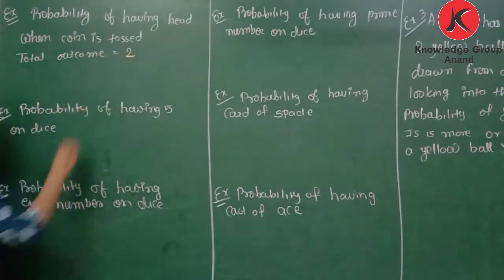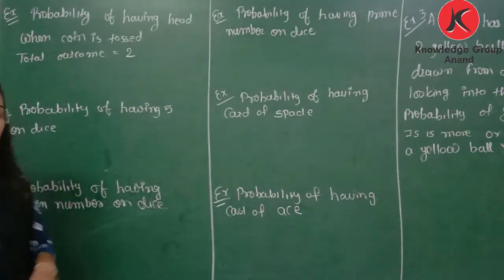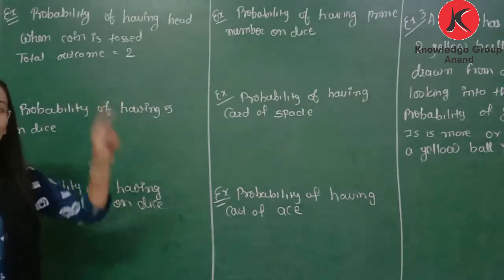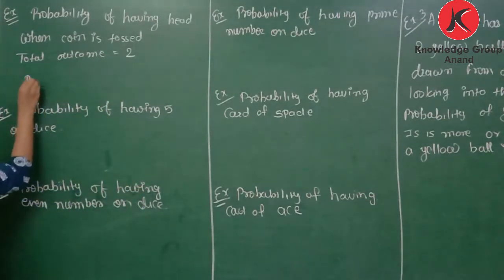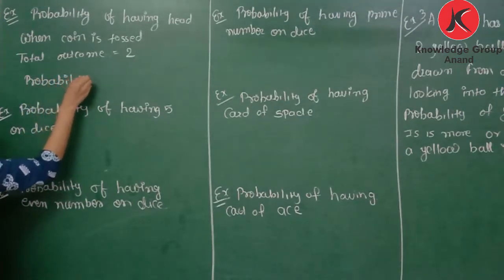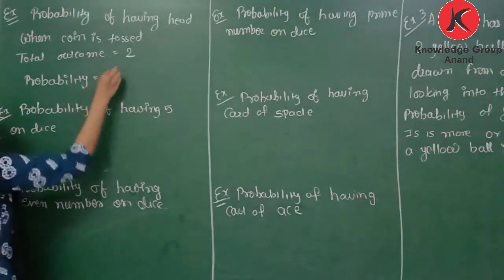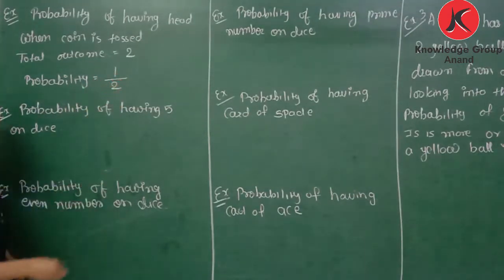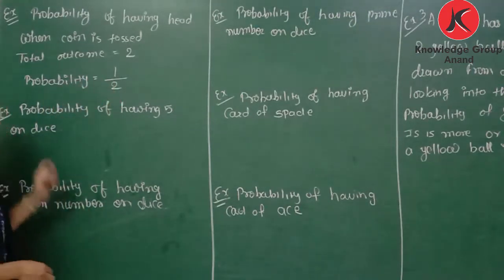There are two outcomes, head or tail. From that, how many sides have head? 1. So you can write the equation: probability is equal to number of favorable outcomes divided by total outcomes. Favorable outcome is 1, total outcome is 2. So probability of having head is 1 by 2.